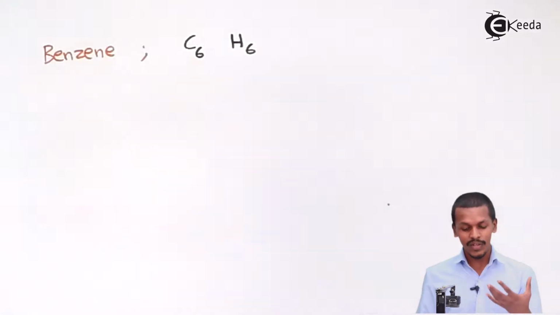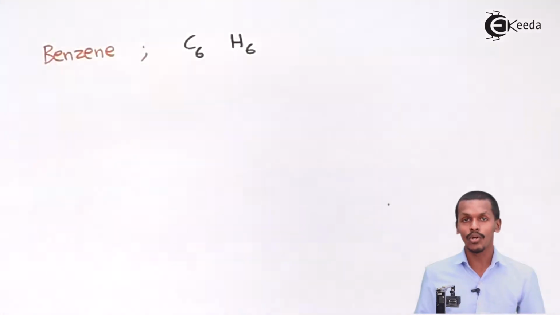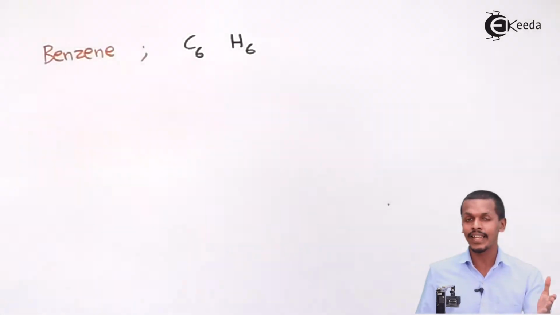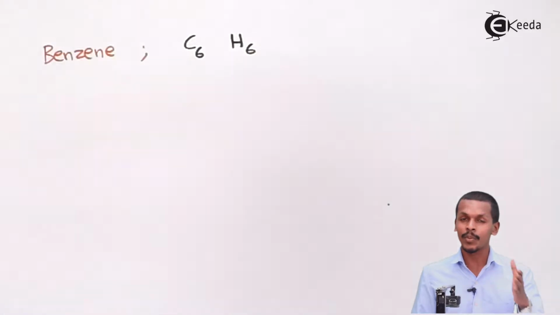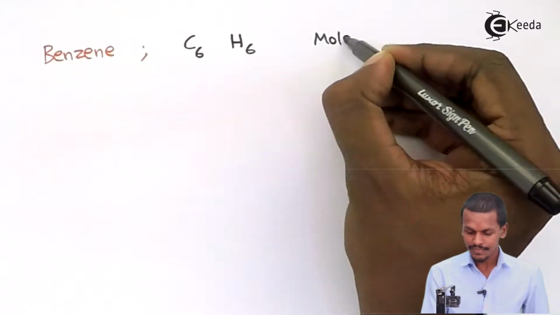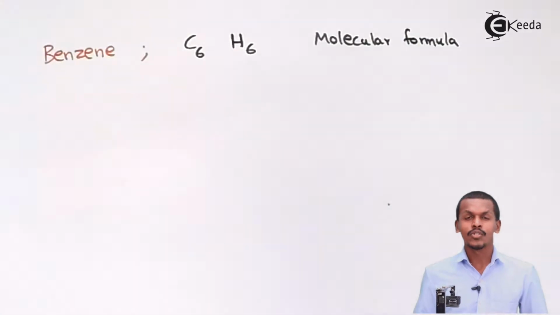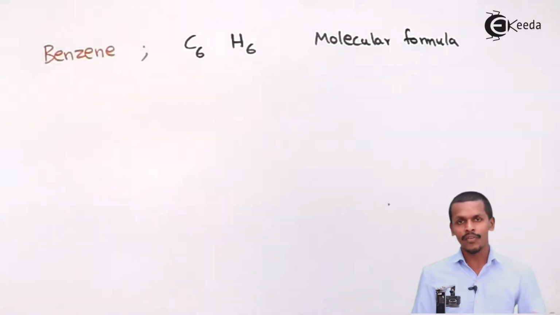Therefore, what we have got is known as the molecular formula, because it gives the exact number of atoms present in the organic compound, in this case benzene. So this is what we could write as the molecular formula.